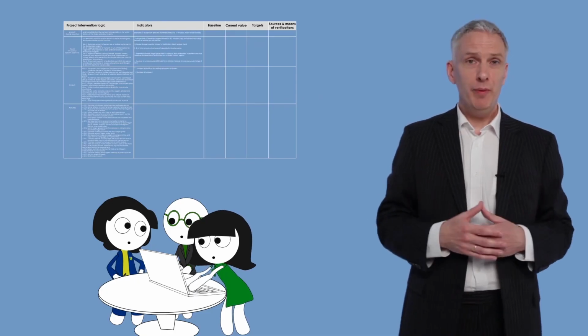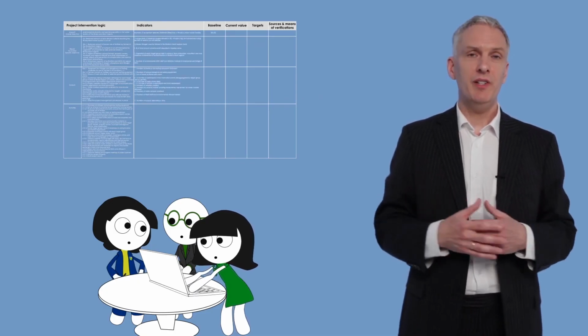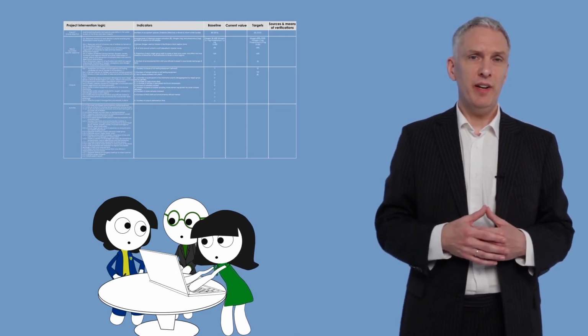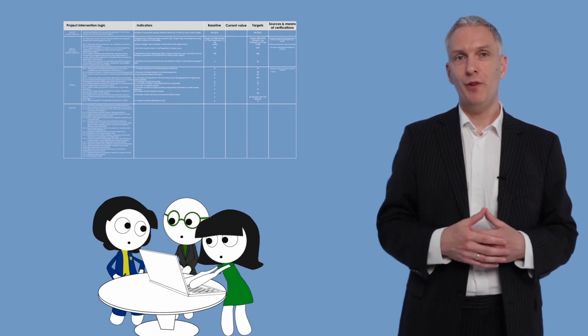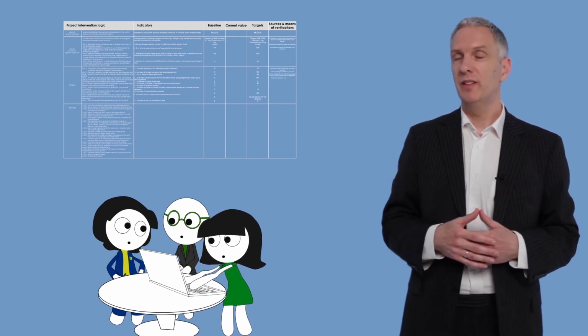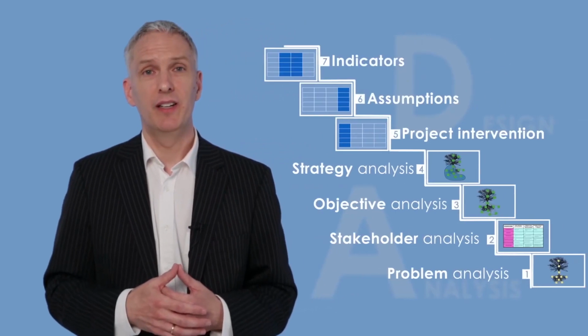Our partners repeat this procedure for their other indicators and finally have identified indicators and sources of verification for all levels of their project intervention logic. Having followed the 7 steps of project development, Anna, Boris and Carla have now designed a sound cross-border cooperation project outline.